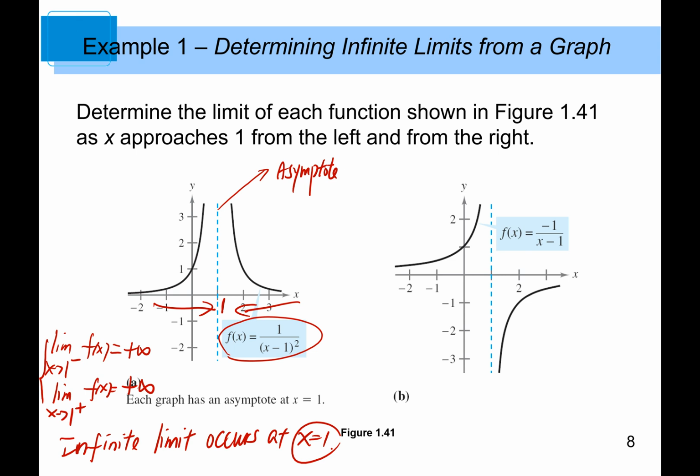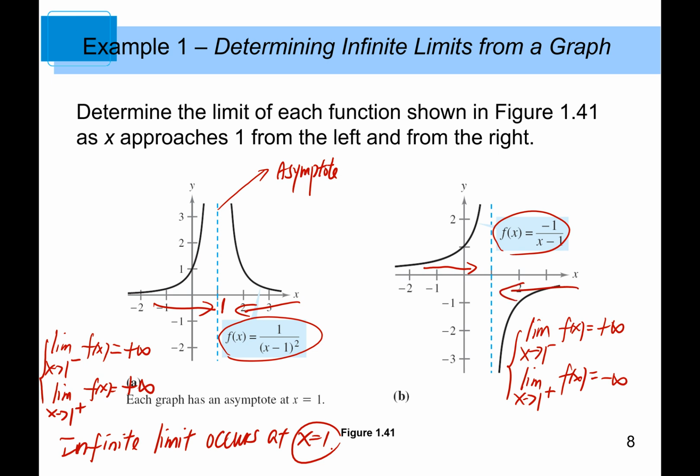All right, let's take a look at graph B. This is another function, f of x equals negative 1 over x minus 1. As you can see, the limit as x approaches 1 from the left is positive infinity, and the limit as x approaches 1 from the right is negative infinity. If you look at the graph going this way, it decreases without bound.